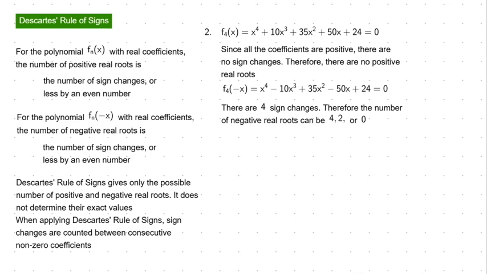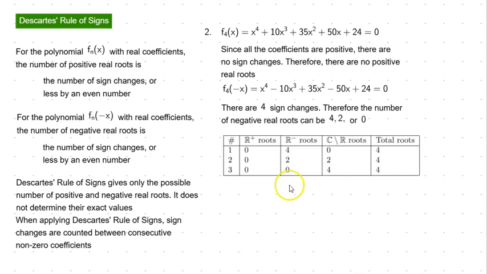So again, creating a table, we get 3 possibilities. 4 negative real roots, done. But if there are only 2 negative real roots, then 2 will be complex conjugates. And if there are 0 negative real roots, then there will be 2 pairs of complex conjugates.